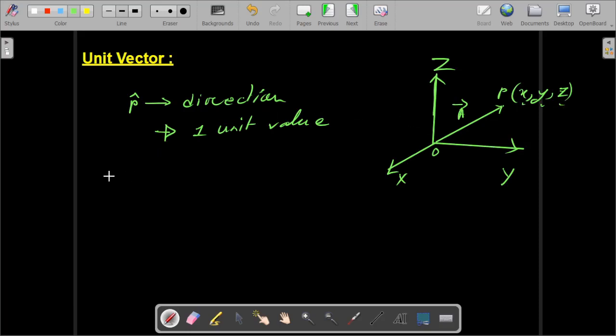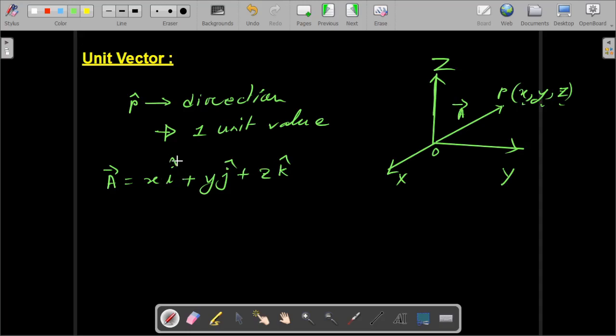Suppose given this vector x i cap plus y j cap plus z k cap. Look at this i cap, j cap, and k cap.